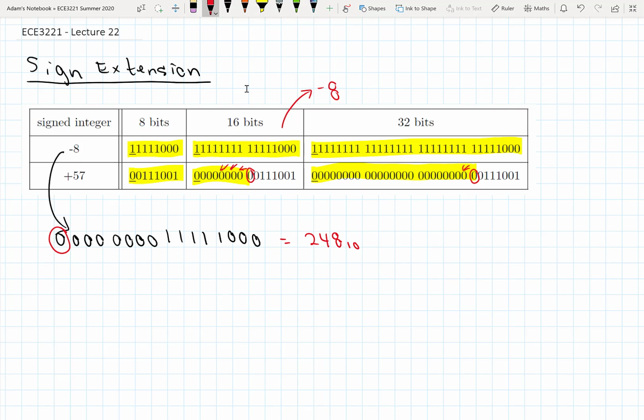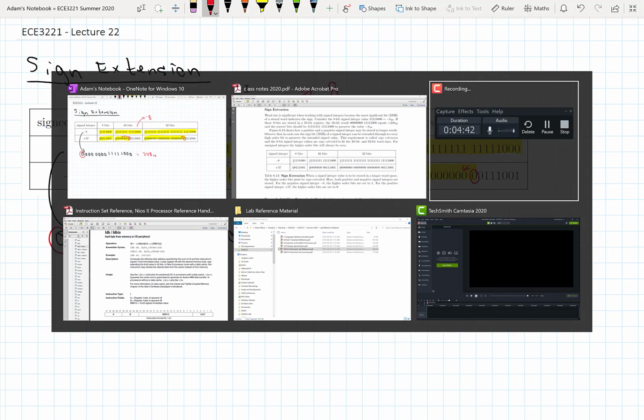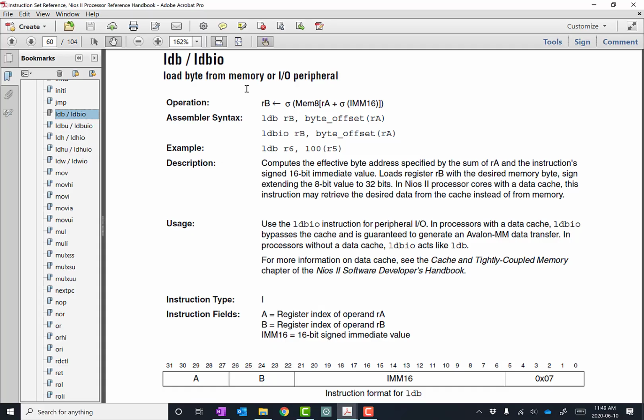If we jump over to our instruction set reference for a second, here's another example of when we need to know the data type that we're dealing with. If we look at this load byte, if we're reading in a single byte from memory, we would use this load byte command.